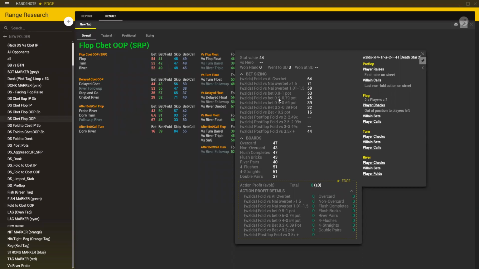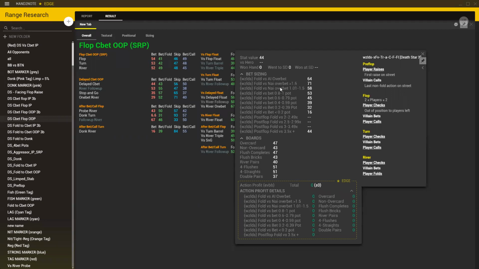Flush completes is 47% fold equity on the triple, but flush bricks is 43% fold equity on the triple, which is actually below average. We've got 44% average fold equity on the float bet triple barrel. But assuming the flush bricks, now we only get 43% fold equity on the triple. Assuming the river pairs, this looks like directly minus EV.